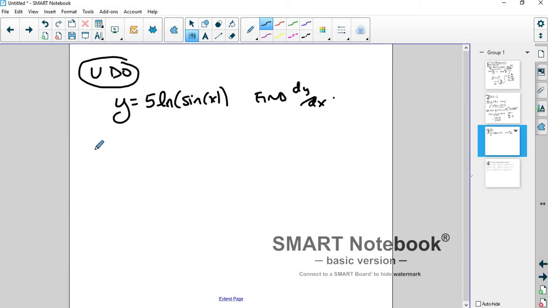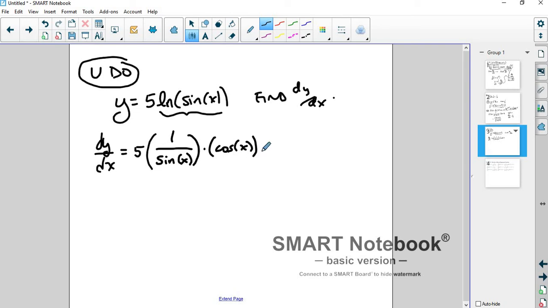Okay, so dy dx: the 5 just comes along. And then this big picture here is the derivative of the natural log of stuff. So once again, we get 1 over the stuff, 1 over sine of x, times the derivative of sine, which is cosine.